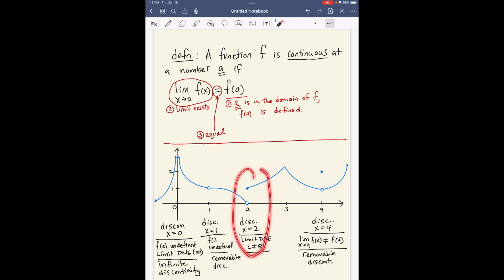Over at 2, you'll see that there's a jump in the graph, and this is what we call a jump discontinuity. At x equal 2, my function is actually continuous from the right.